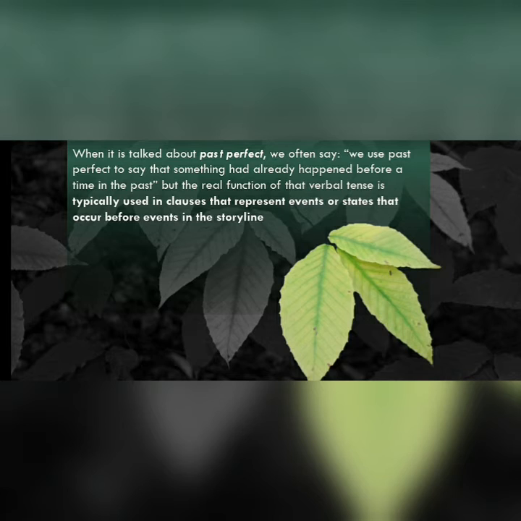These sometimes constitute a series of events that took place at a time before the story begins. A common use is when an event in the storyline is evaluated through comparison with some previous event. For example, I had never seen anything like it.